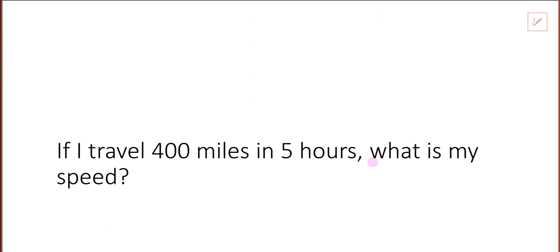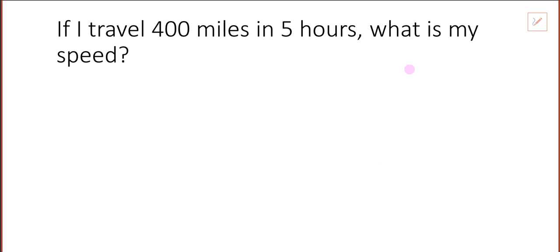All right. So the next part of our unit was about speed. So this wasn't too bad, was it? So again, speed is our rate, and we compare distance and time, so miles and hours. So what's the speed? We know that we go 400 miles in, sorry, I've written that in the wrong place, in 5 hours.